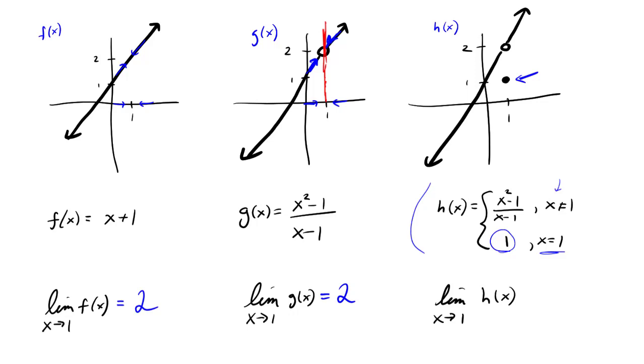And finally, in h of x, as we approach x of 1, in the function, we approach values in y of 2. Even though actually at x equals 1, the value of the function is 1. But the limit doesn't care about that.